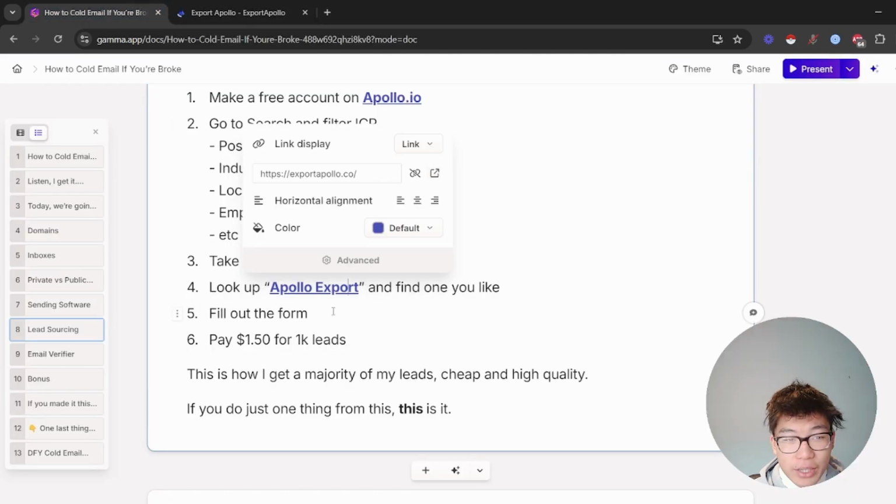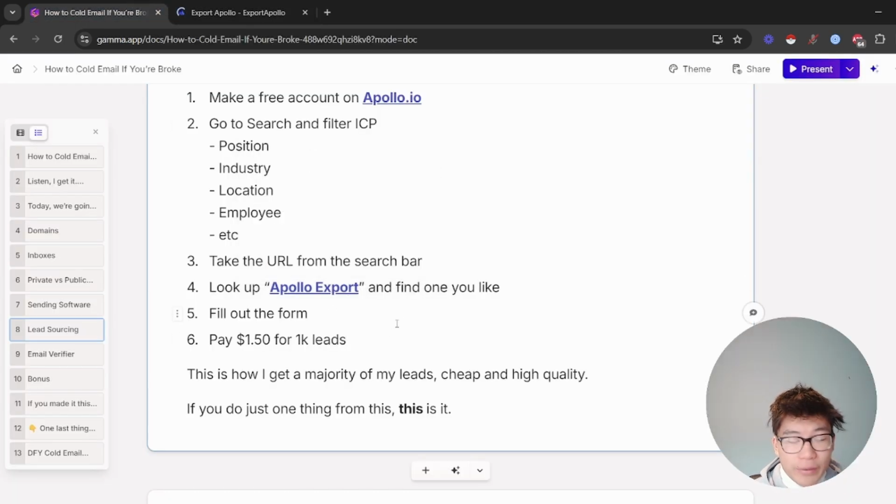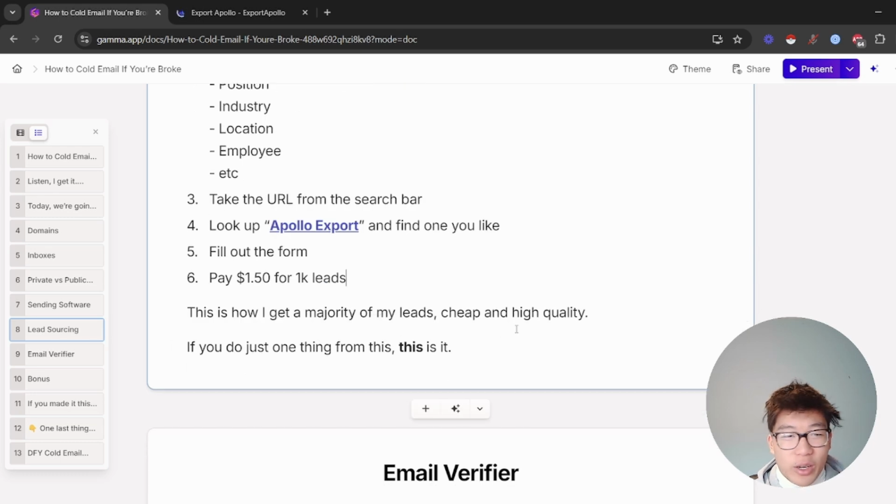And basically you fill out a form and you pay $1.50 for 1,000 leads. That's going to last you a long time. Like if you're not able to send as many, this is going to cost you maybe $7.50 for the month. And you can just turn off your brain and just let it run. So this is how I get a majority of my leads, cheap and high quality. If you do just one thing from this, just do this, please.